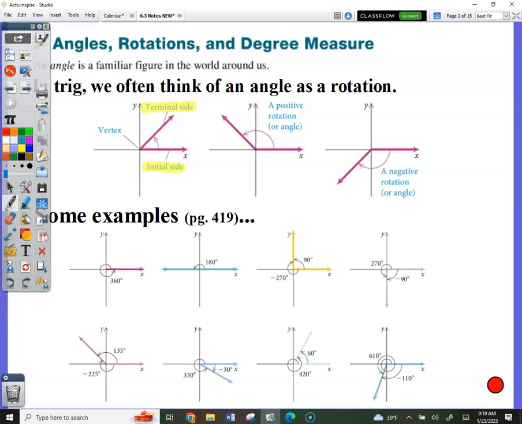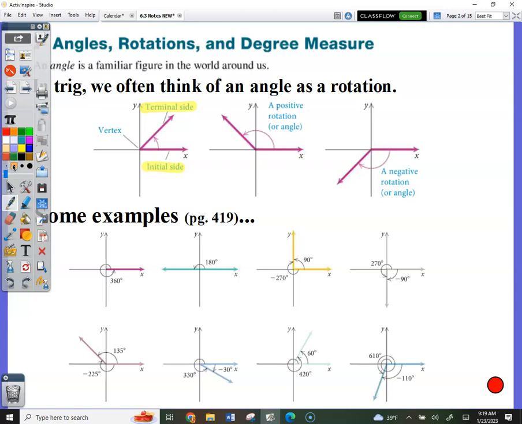So if I say, draw an angle with the terminal side landing in quadrant 3, that would mean you draw it and it lands down in quadrant 3, but you still have your initial side over here, your anchor. Of course, the vertex is always at the origin. Now, here's the new part. Let's draw some information to help.